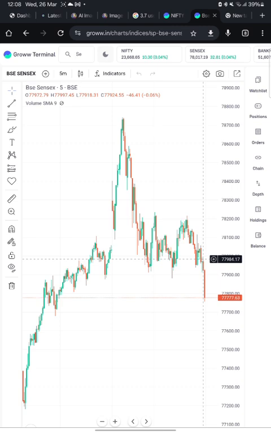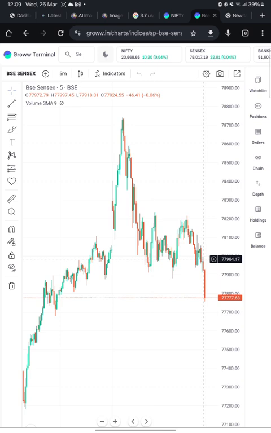But on expiry, each stock will only cost me 10 rupees, so for 500 rupees I can get 50 stocks. So the volume will be much greater during expiry days. That is why the market will be very delicate, very volatile. It can eat your money. So during expiries we have to be very cautious.